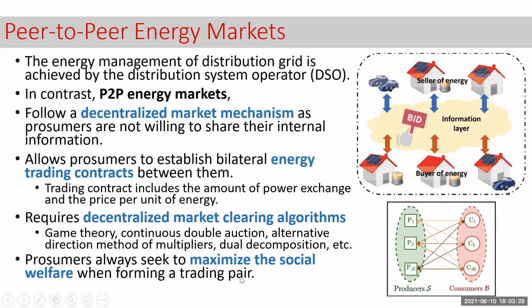As such, they will try to form trading pairs as much as possible. Since everyone is trying to maximize their own outcome, game theory has become very popular in this area. Apart from that, continuous double auction, ADMM, dual decomposition, and many such market clearing algorithms have also been proposed.